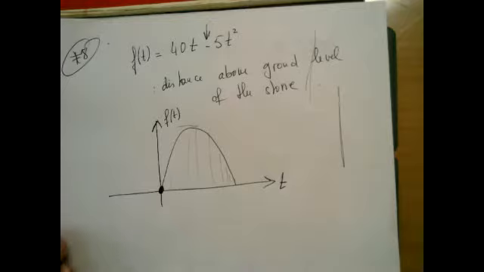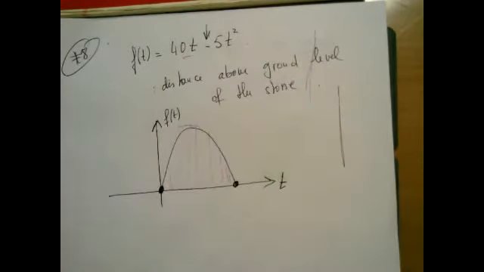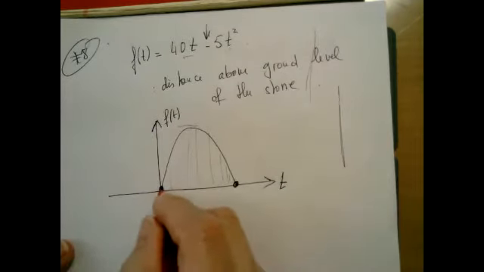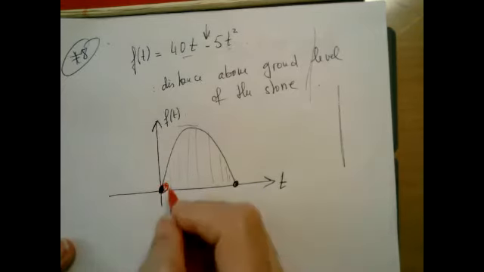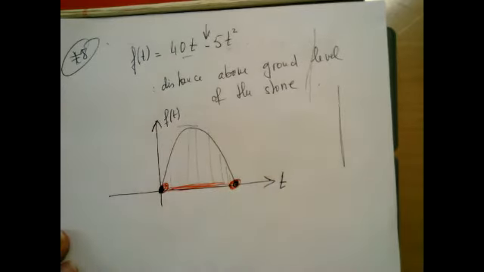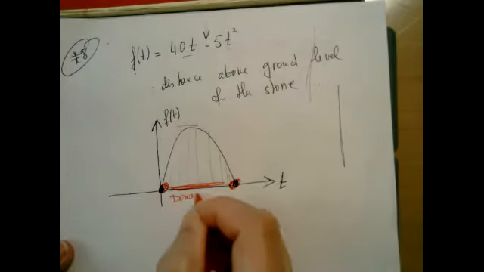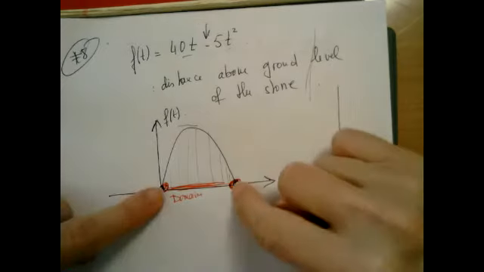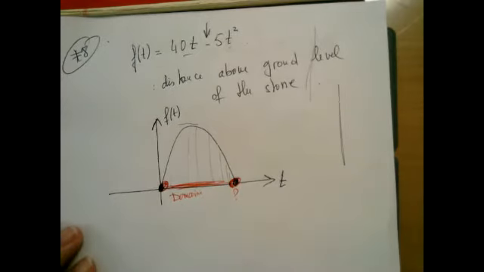That's really the graph. So the question is, what's the domain? I mean, which values of t are interesting? So logically, the values of t are going to be between when we threw the stone all the way till when the stone hit the ground, which is right there. So that's going to be my domain. So the question is, what's this value here? If I know it, I know my domain. All right. Is it easy to find this value? Yes or no?